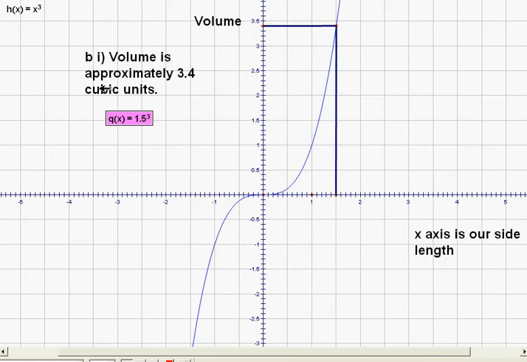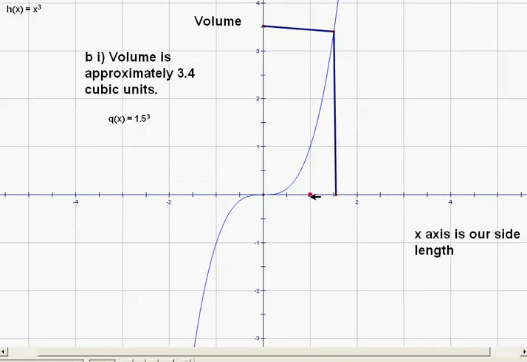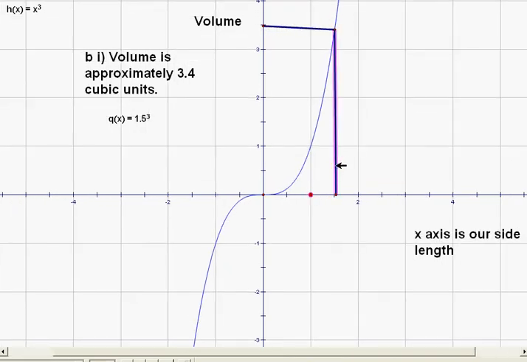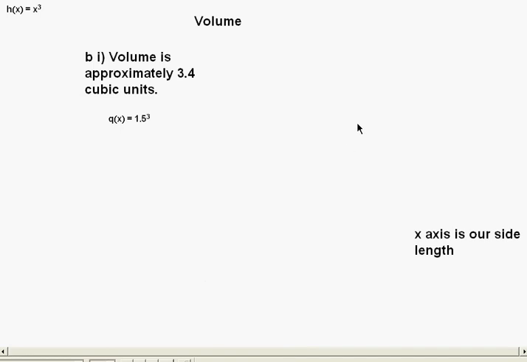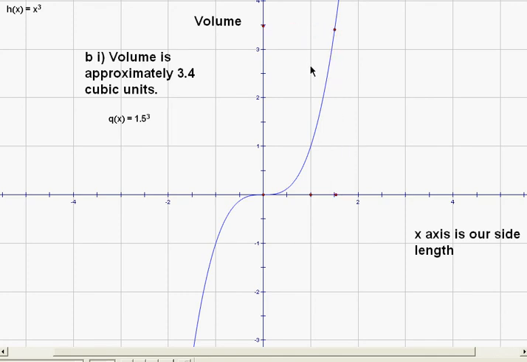Okay. Now, the side length of a cube whose volume is 10. All right. So let's go ahead and get rid of this line.